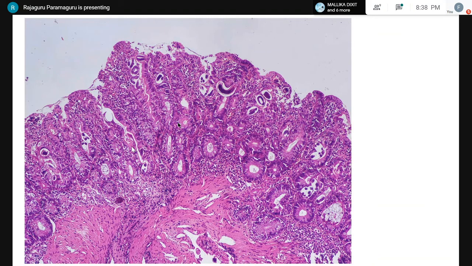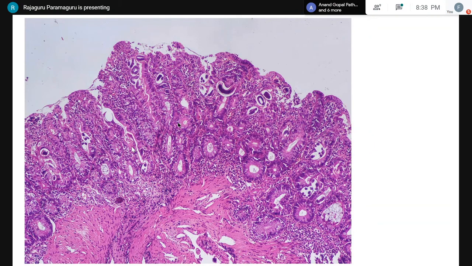So when you get a lot of foamy histiocytes in the lamina propria, we have to think of two things: either it is Whipple's disease, or a Mycobacterium avium complex infection, MAC, particularly in an immunosuppressed patient.